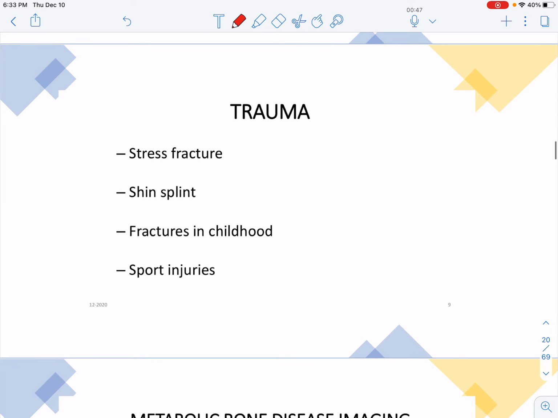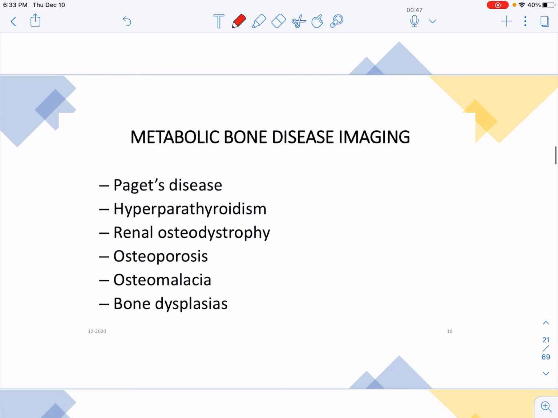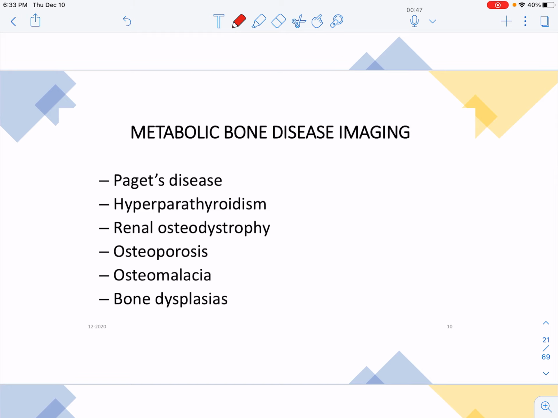And trauma like stress fracture, shin splint in childhood, sport injury, and metabolic bone disease like Paget's disease, hyperparathyroidism, renal osteodystrophy, osteoporosis, osteomalacia, and bone dysplasia.